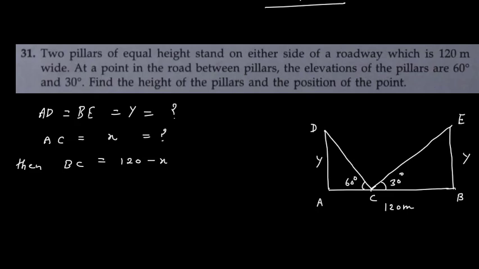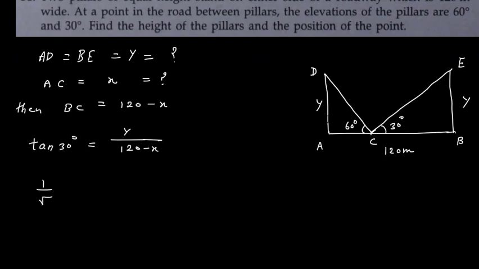Now if I apply tan 30 degree, tan 30 degree is equal to Y divided by the value of BC, which is 120 minus X. So tan 30 degree is 1 upon root 3.